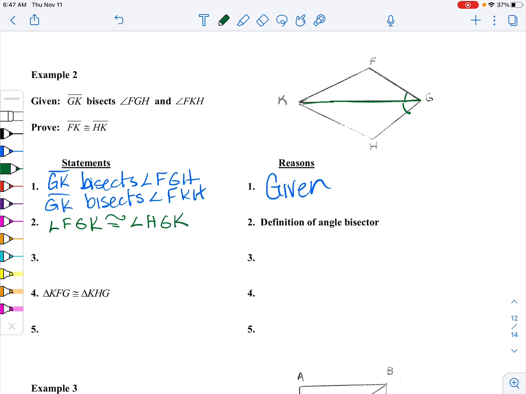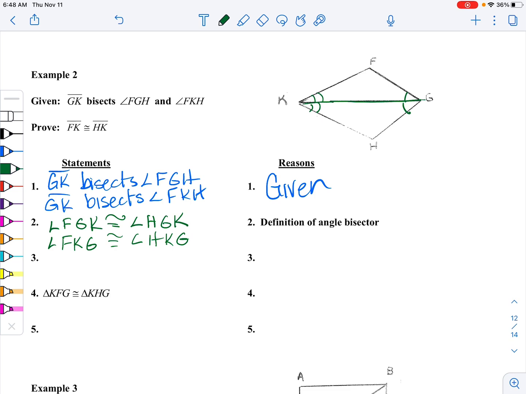But also, on this side, because this line bisects both of those angles, these two are going to be congruent. So angle FKG is going to be congruent to angle HKG. And that's because of angle bisector. That's that definition.